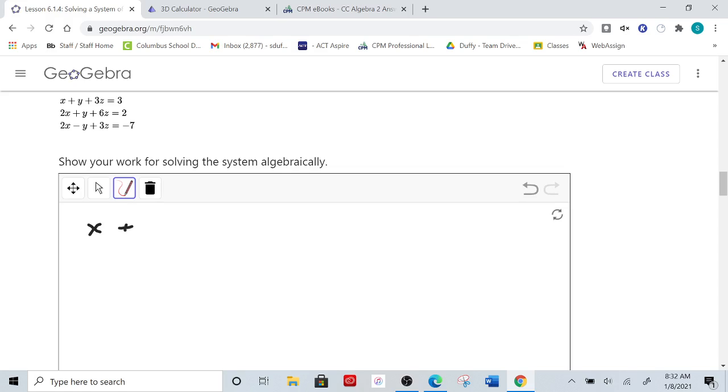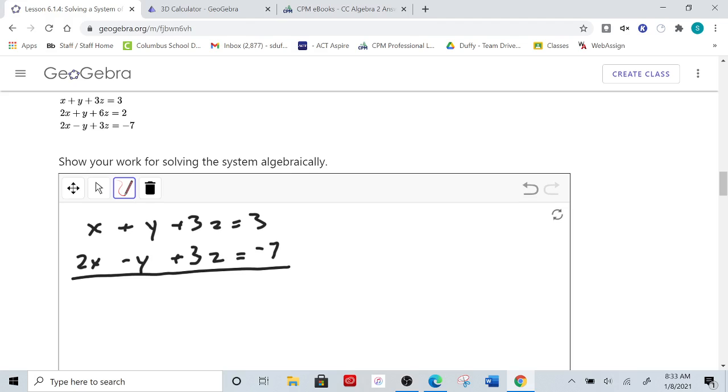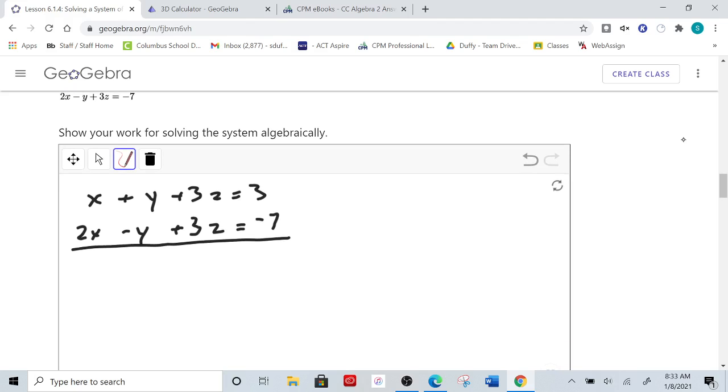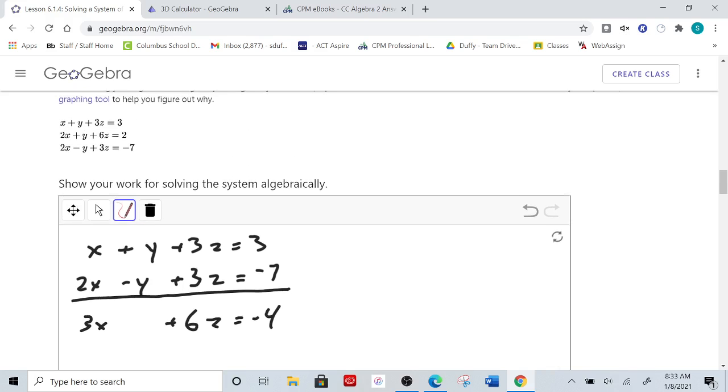So the first equation and the third, and then the second and the third.